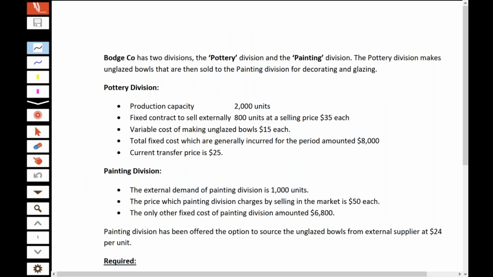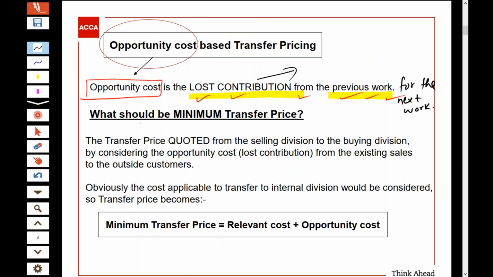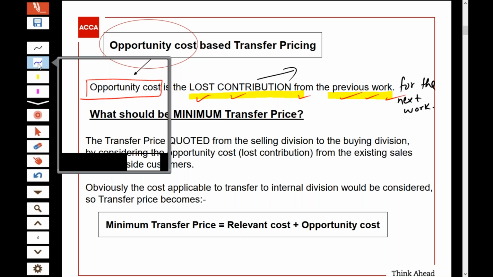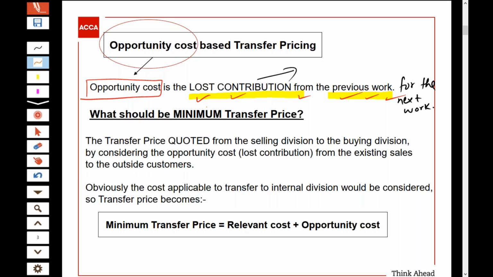Now, what is the simple formula to calculate the transfer price? What should be the minimum transfer price? This is the transfer price quoted from the selling division. Students, if you are noting something, you should highlight this word minimum. Remember, the minimum transfer price is from the seller division.